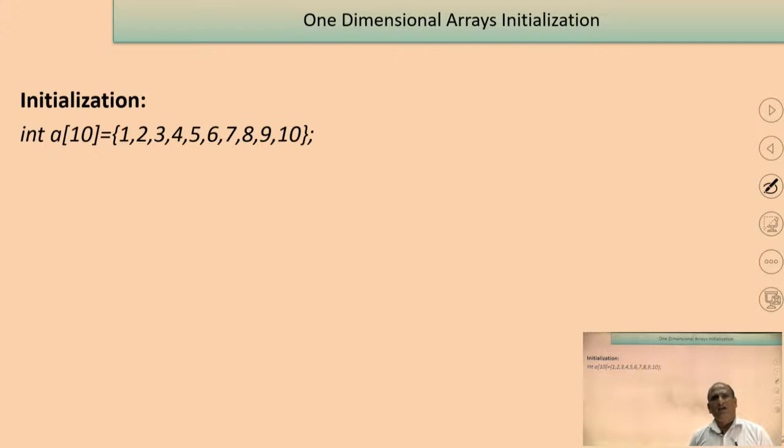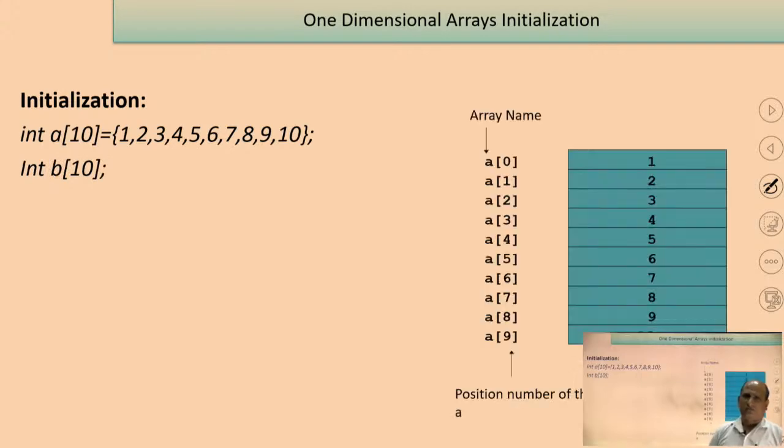It will assign 1 to A of 0, 2 to A of 1, 3 to A of 2 and so on. It will store the elements in contiguous memory locations.